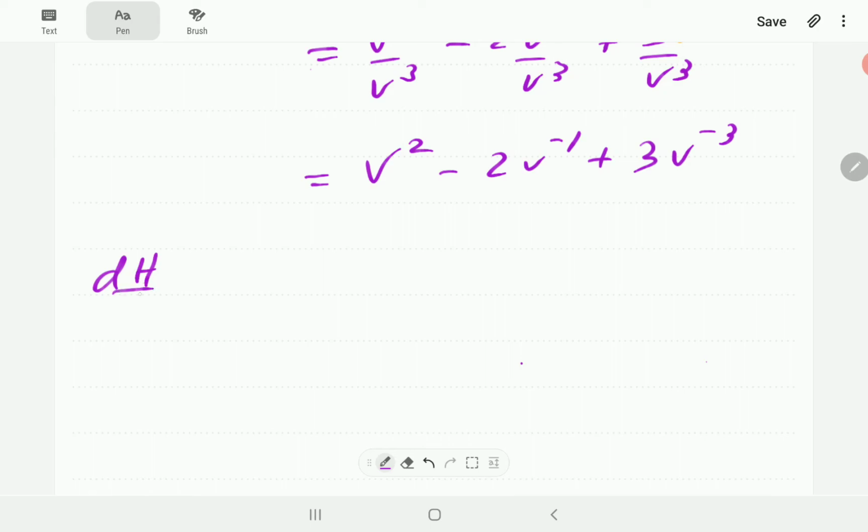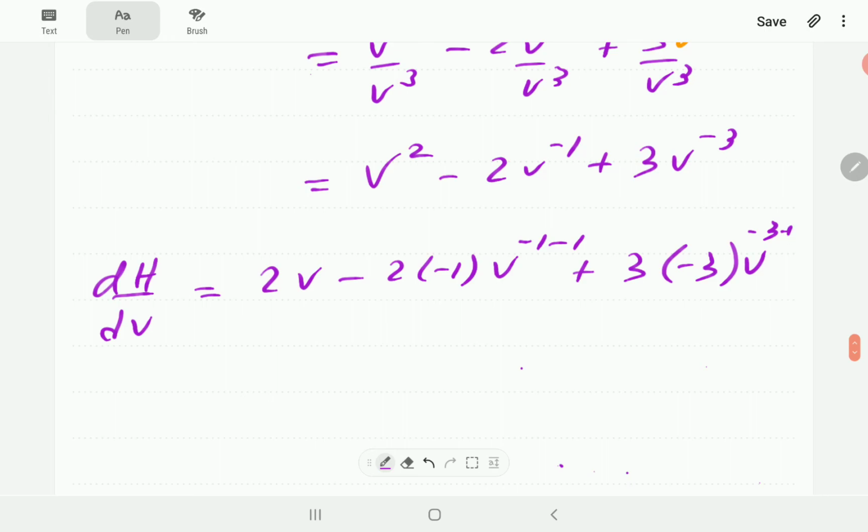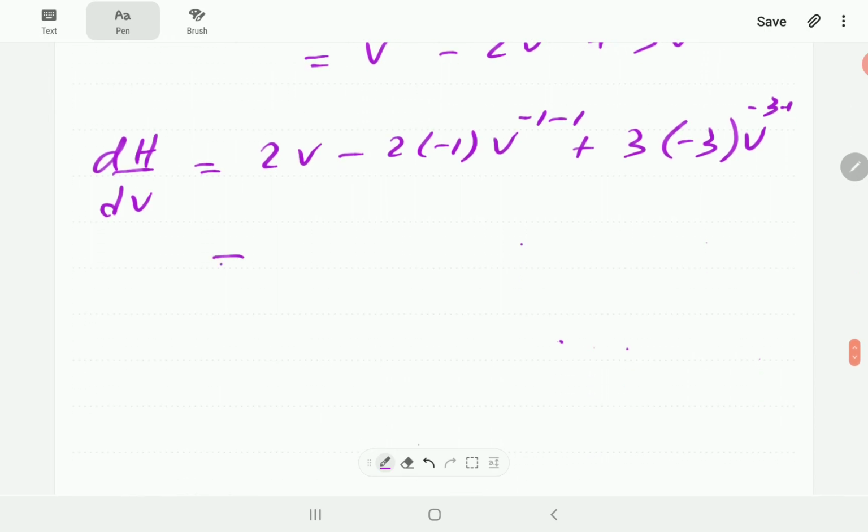So dh dv is going to be, for the first one, 2v to the power 2 minus 1. Then this one, minus 2 times minus 1, v to the power minus 1 minus 1. And then 3 times minus 3, v to the power minus 3 minus 1.